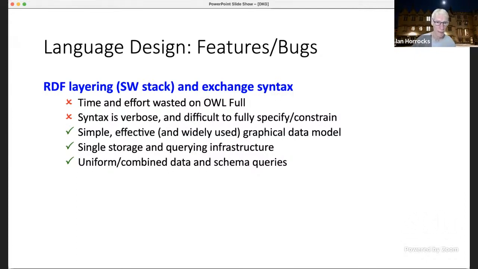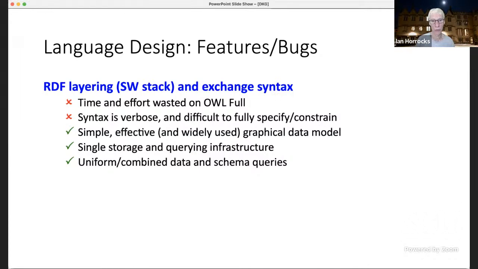On the plus side, actually layering things in this way had quite a lot of advantages. We started with a simple and very effective and widely used graphical data model, which is RDF. If we view RDF just as the data model, which I think is the right way to look at it, it meant that we could exploit a single storage and querying infrastructure.